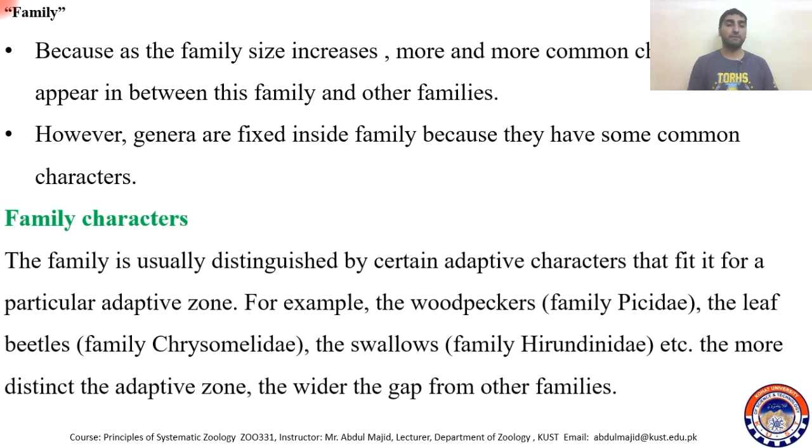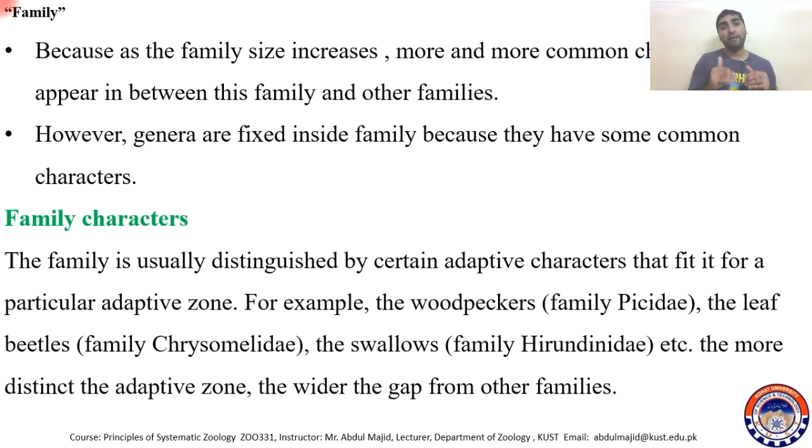Now, family characters. The family is usually distinguished by certain adaptive characters. When we talk about species or subspecies, that is at a very minor level, where there are very minute and inconspicuous differences between the species, which are very difficult to observe and analyze.